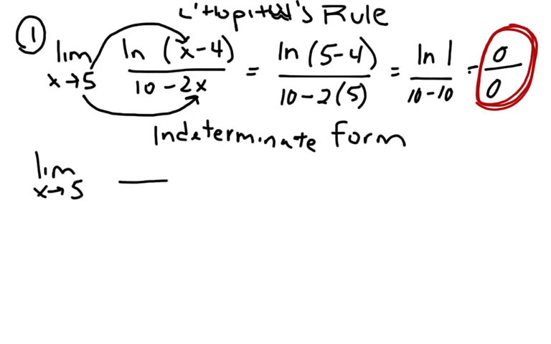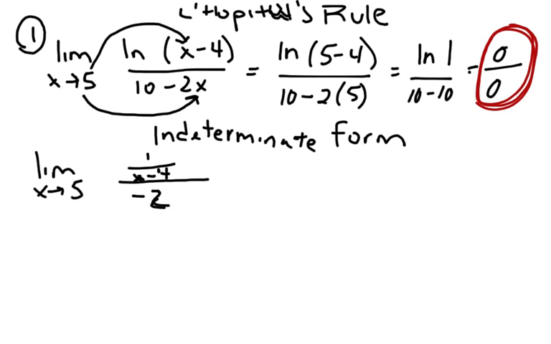So the derivative of the natural log of x minus 4 is going to be 1 over x minus 4, and then of course you multiply it by the derivative of the inside function, which is 1. And on the bottom, the derivative of that polynomial is negative 2.